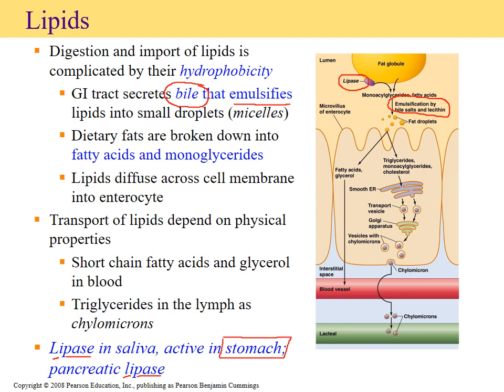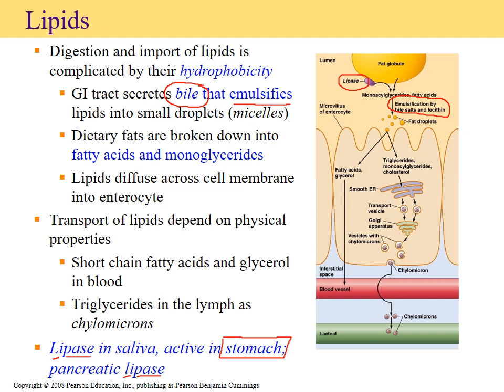So it is secreted in the mouth, but it doesn't become active until it reaches the stomach. Then as the food moves from the stomach, the salivary lipase deactivates because it enters the neutral environment of the small intestines, where it's once again mixed in by pancreatic lipase. And very similar to what we saw before, the molecules start breaking down into smaller pieces.